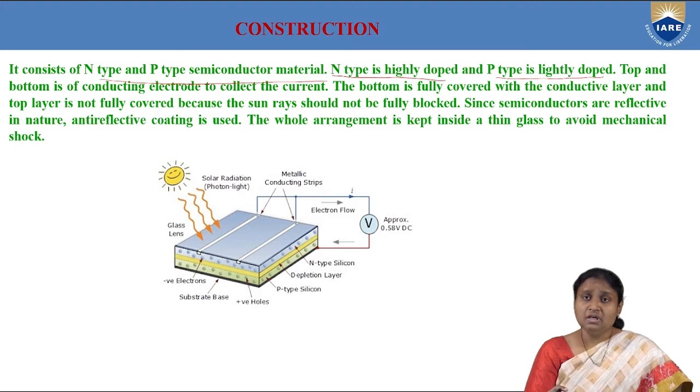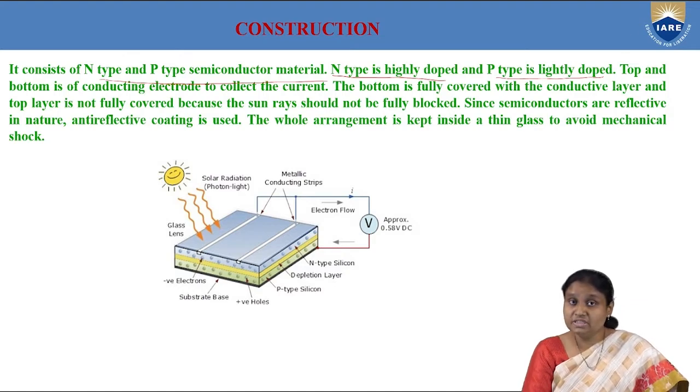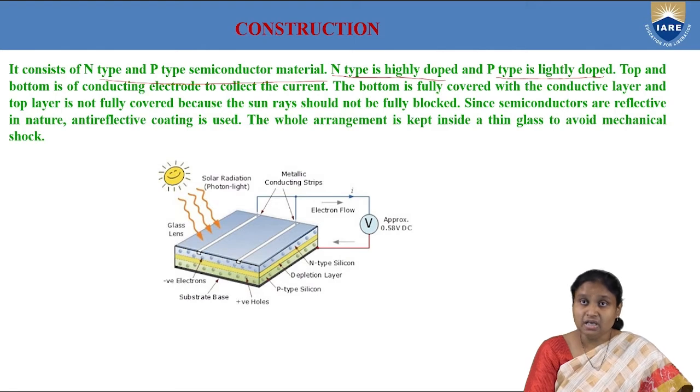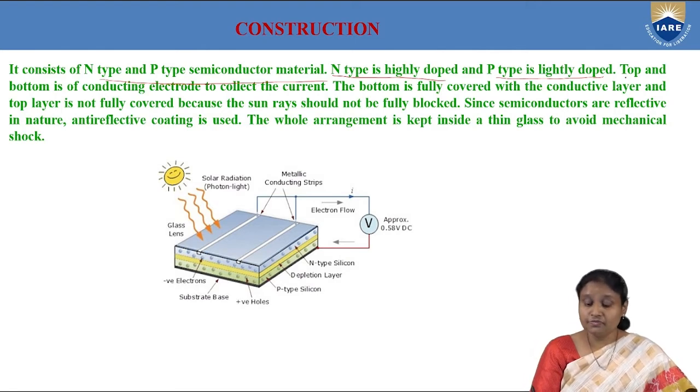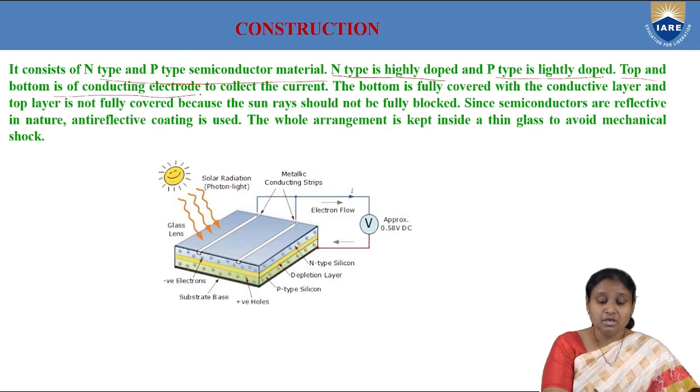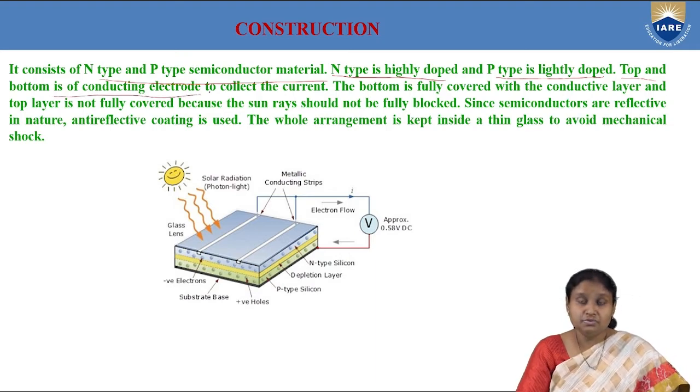And of course, here we are going to make the top and bottom layers of this PN junction diode conductive. In order to make them conductive, we have a coating of electrodes, so that there will be flow of current in the circuit.